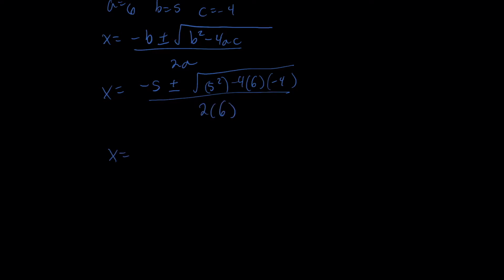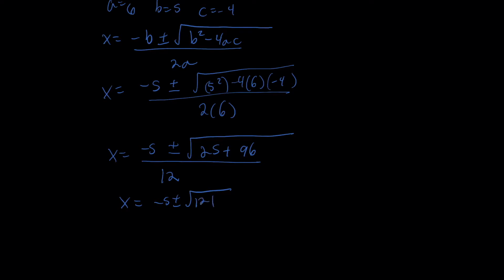So x is negative 5 plus or minus, got a 12 down here, the square root of 25 plus 4 times 6, which is 96. So x equals negative 5 plus or minus the square root of 121 over 12.